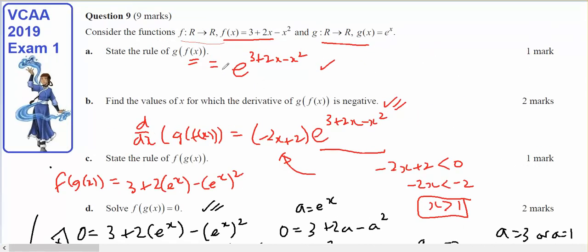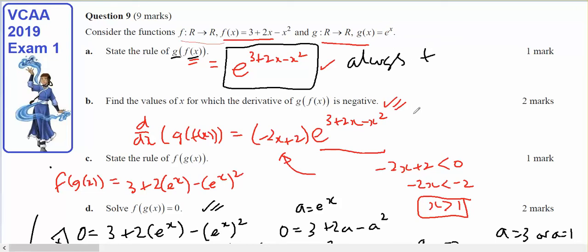I know that g of f of x is an exponential. It's always positive, has an asymptote at y equals 0. And I know that the derivative is negative when x is bigger than 1.